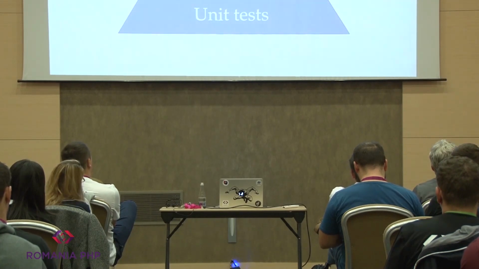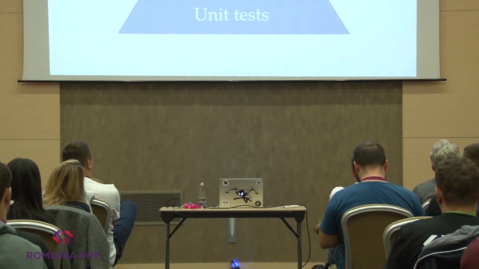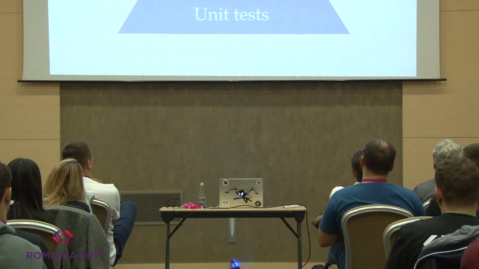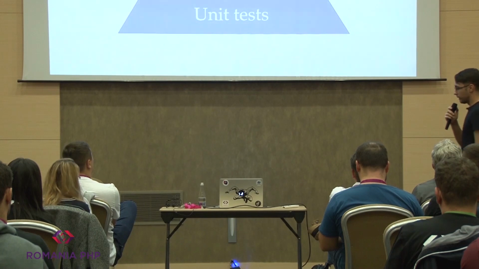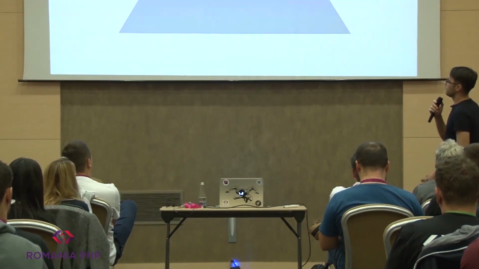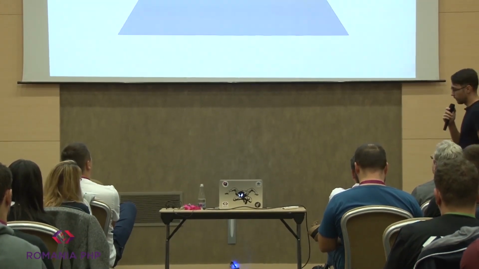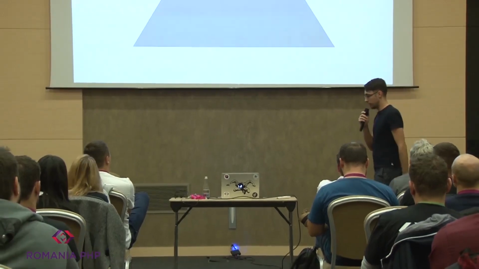Which is why we're using a pyramid for this, because you're encouraged to have as many of these as possible, and fewer acceptance tests, and even fewer end-to-end tests. And the focus is going to be the tip of that pyramid. We're not going to get into acceptance tests or unit tests.